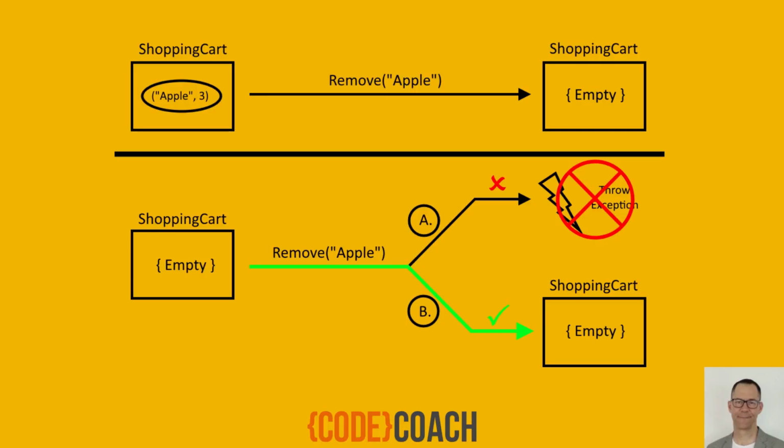The problem with throwing an exception is that we remove the ability to deal with this problem from ourselves and we pass it on to the caller. It's now someone else's problem, while we're perfectly capable to deal with the situation in an elegant way. If it was already empty, we're removing apples, it is still empty. Alright, let's carry on with that in mind.